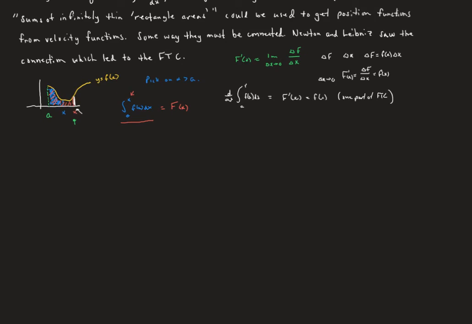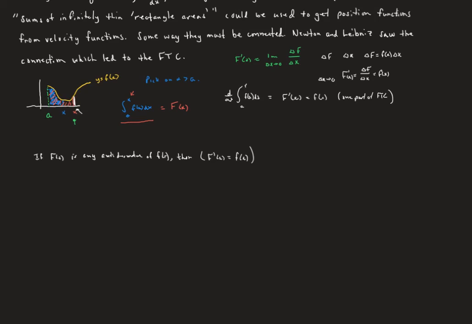So now if capital F of x is any antiderivative of little f of x, then we know that capital F prime of x is equal to little f of x. That's what it means to be an antiderivative. If capital F is an antiderivative, then its derivative must equal little f.